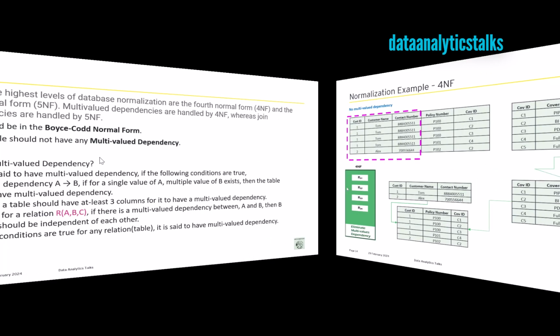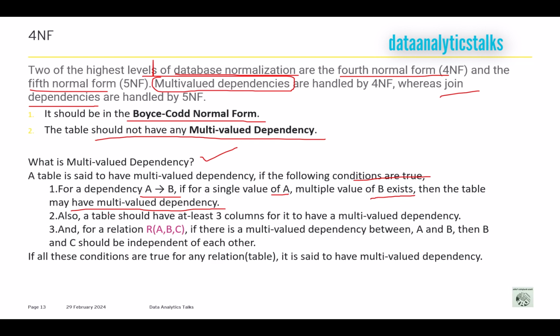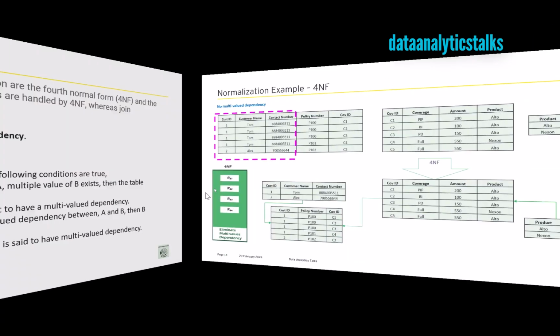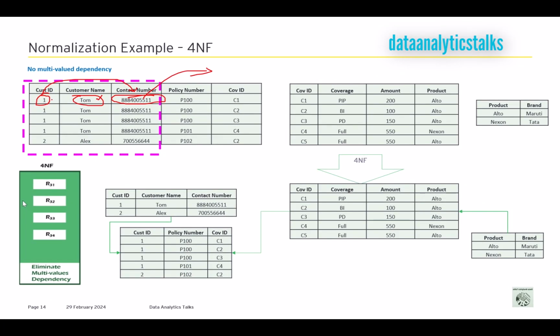And second, a table should have at least 3 columns for it to have multi-value dependency. Probably, yeah, we can say 1, 2, 3. That means it is also meeting that.